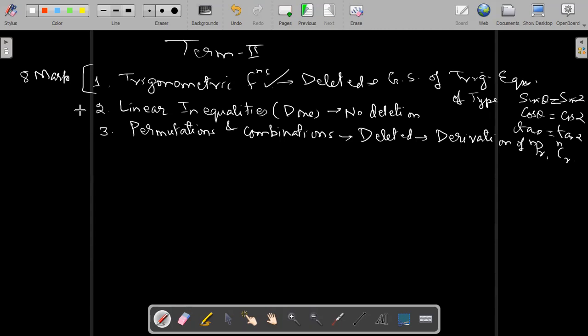This is deleted, and these two lessons will have a weightage of 11 marks.